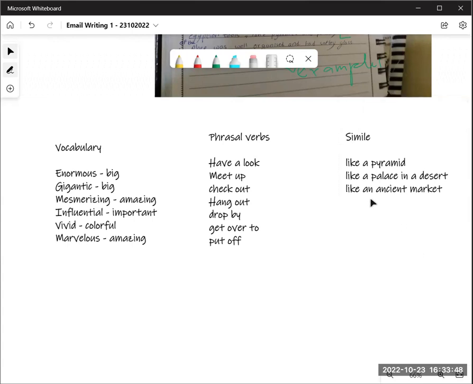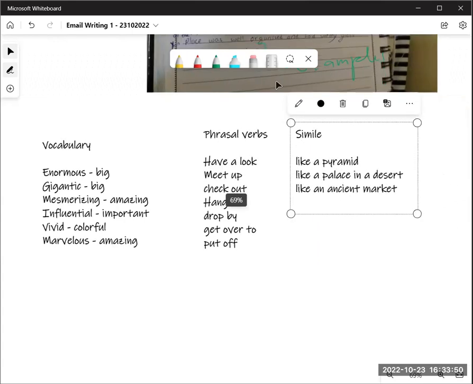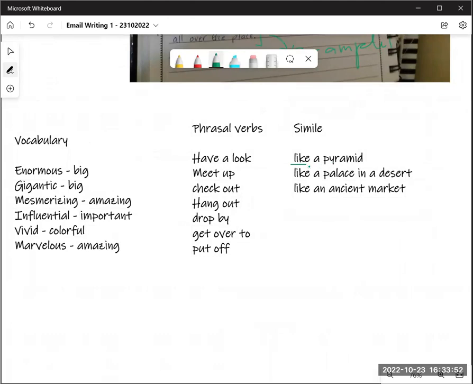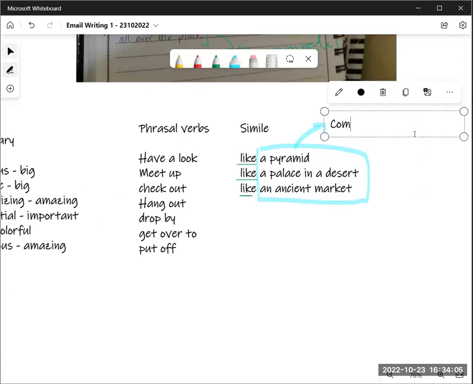Now you'll realize a pattern here. The pattern is we're using the word like, and after that we're giving some other thing. And all of this is basically comparison.